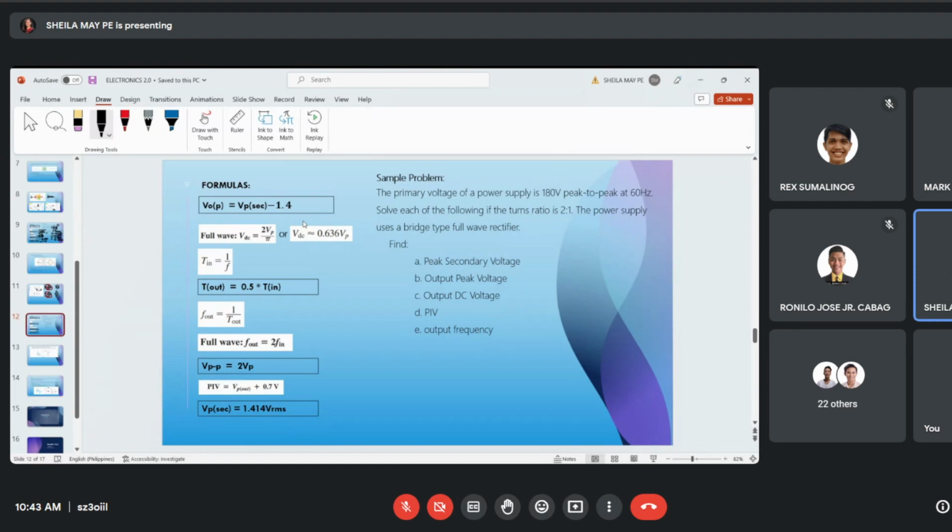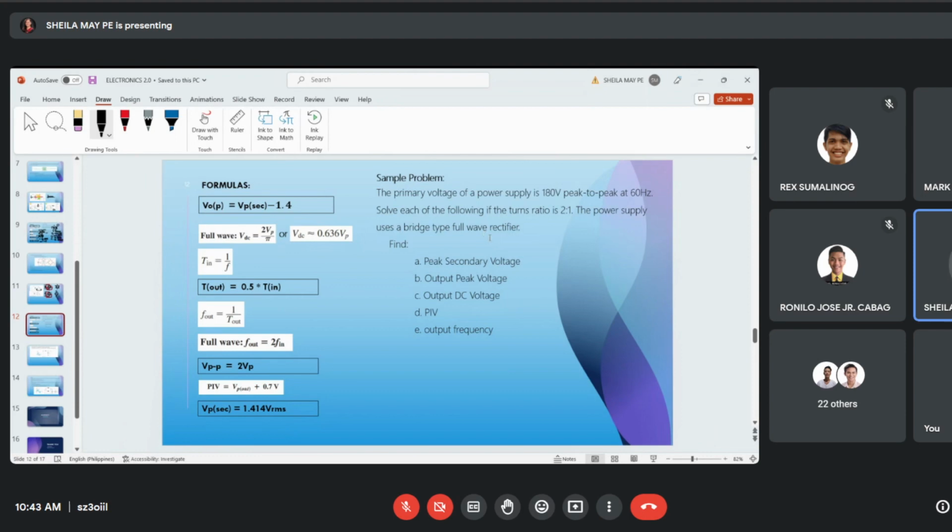Okay, sample problem. The primary voltage of a power supply is 180 volts peak to peak at 60 hertz. Solve each of the following if the turns ratio is 2 is to 1. The power supply uses a bridge type full wave rectifier.